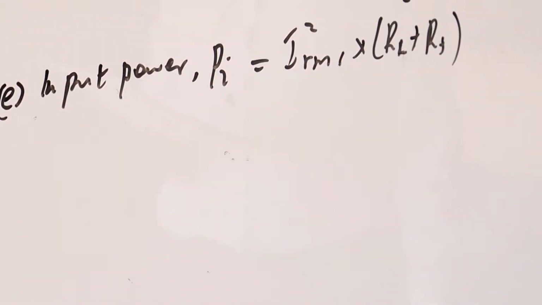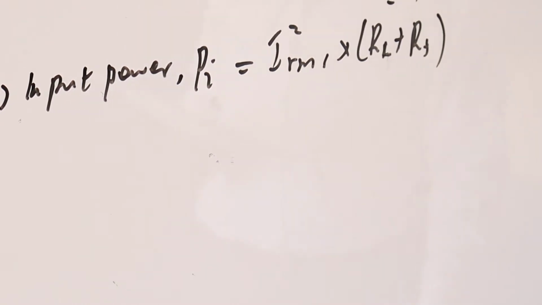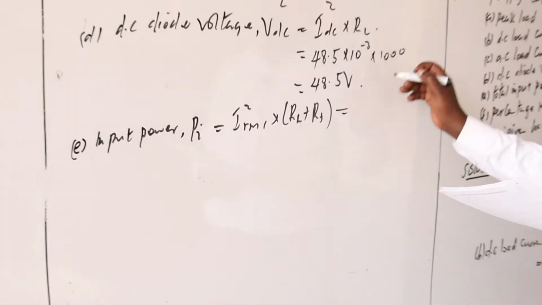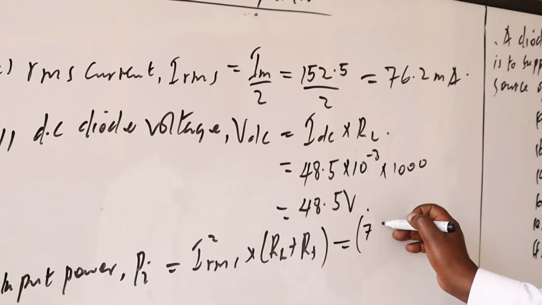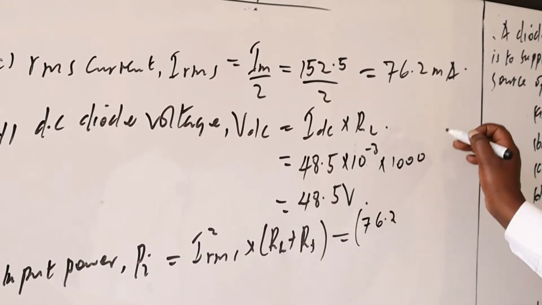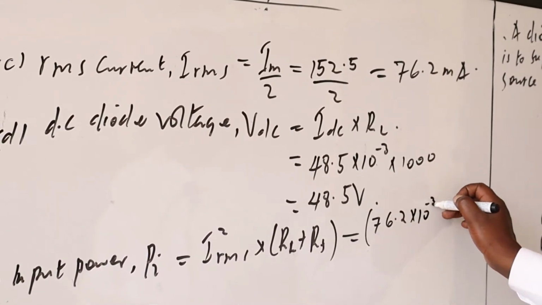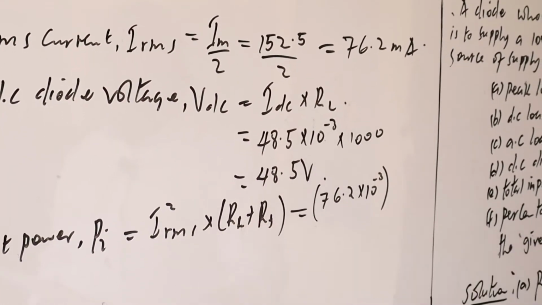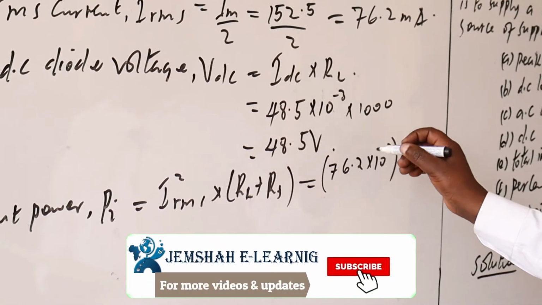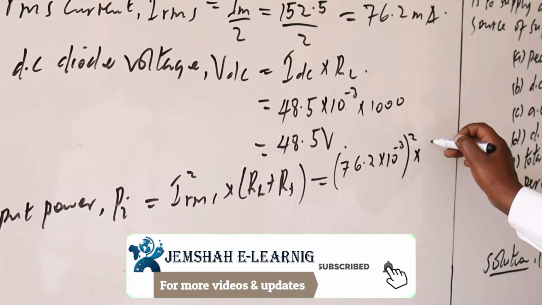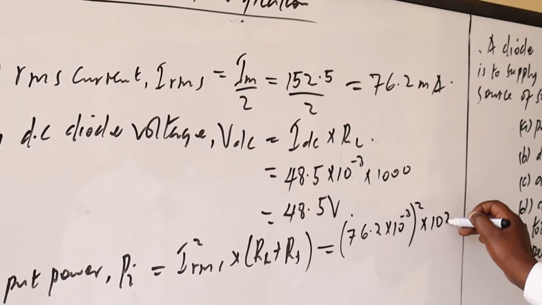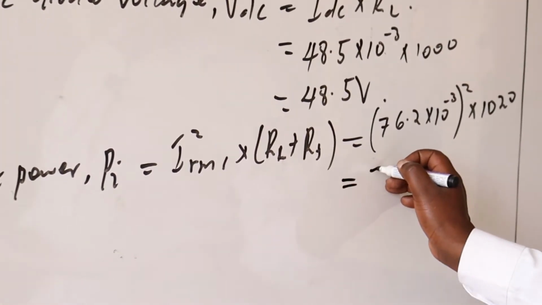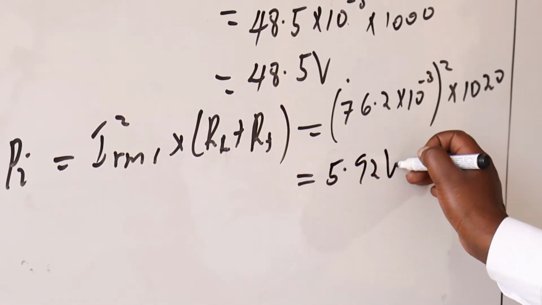So our IRMS is 76.2 milliamperes. We multiply by 10 power negative 3. Then RL plus RF, this was 20 plus 1,000, that is 1020. And we square our current, times 1020. This gives 5.92 watts.